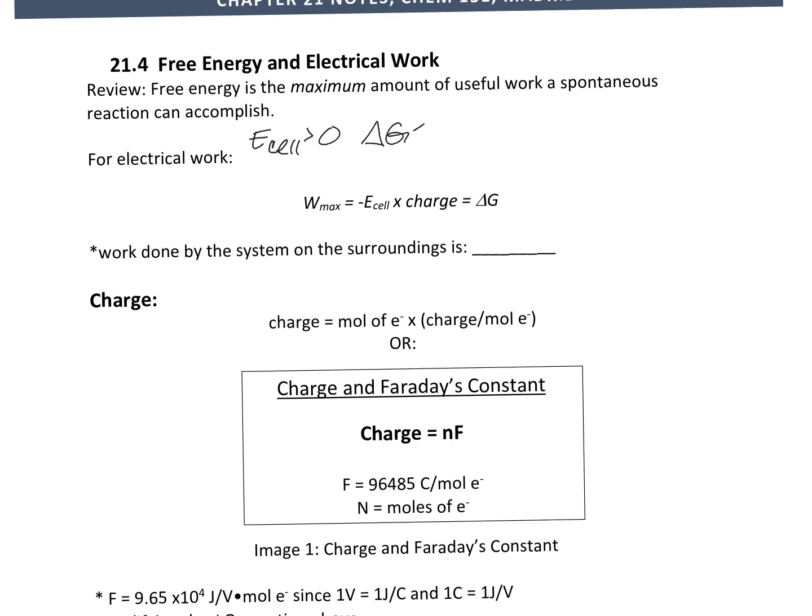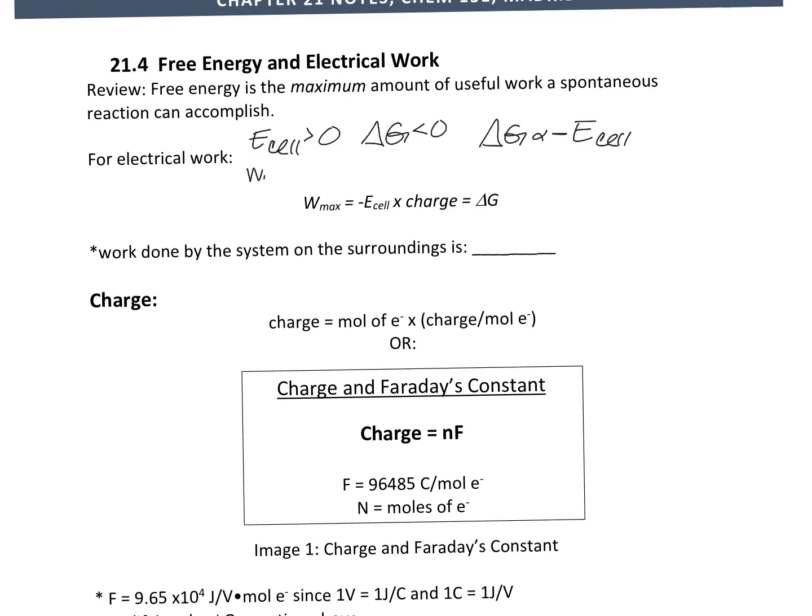Delta G has to be less than 0. So essentially, delta G is proportional to negative E cell, right? They're opposites of each other, opposite signs of each other. Okay, so how does that relate to work?